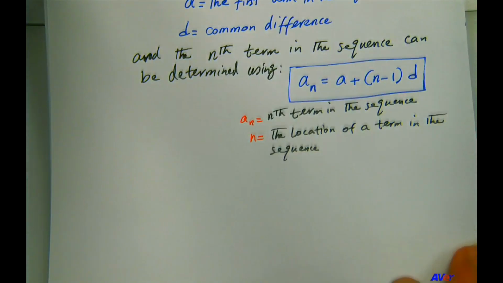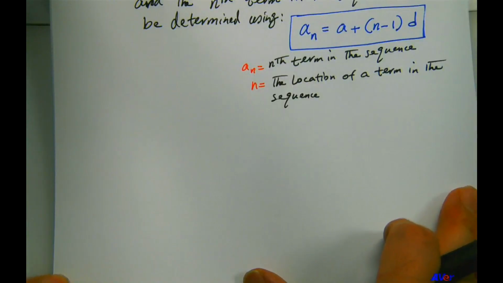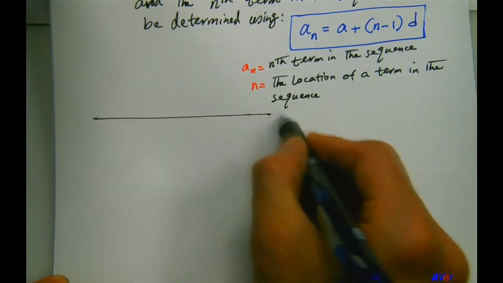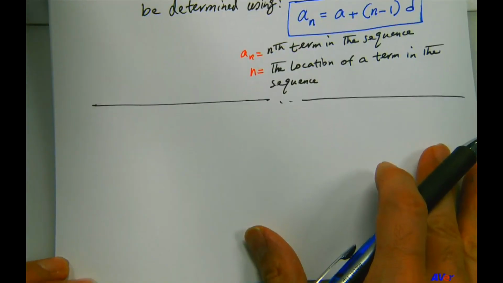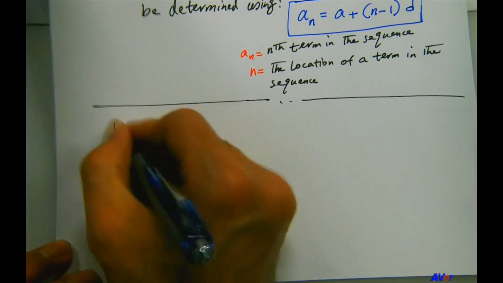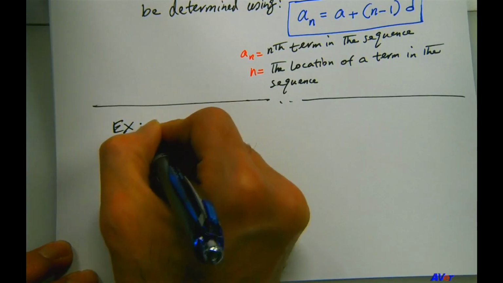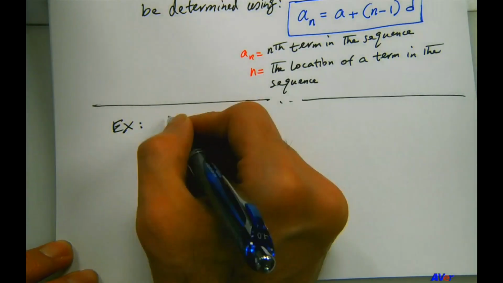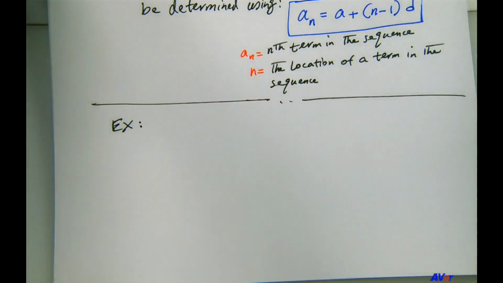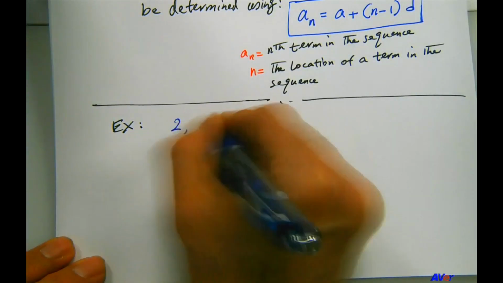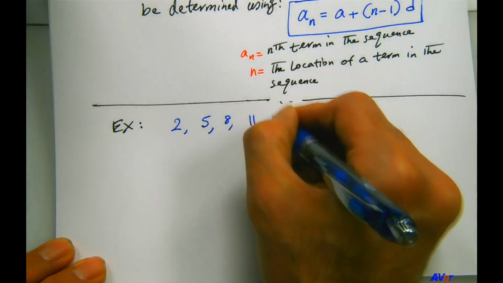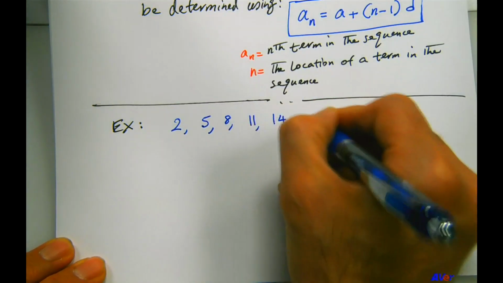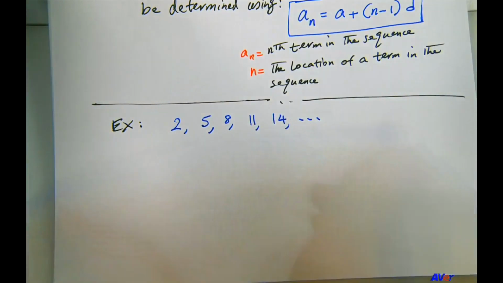Okay, so let's have a look at a couple of examples just to get a better understanding of what arithmetic sequences are. So the sequence 2, 5, 8, 11, 14, and so on. This is another infinite sequence. It's an arithmetic sequence.